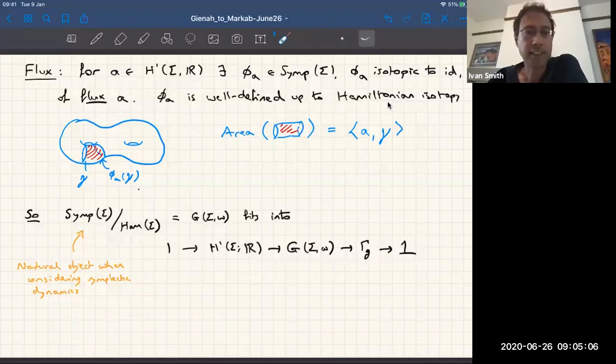And Symp of sigma modulo the Hamiltonian subgroup, so I'll call that G of sigma, omega, sort of comprises the discrete part, which is the mapping class group, and then also the things that come from symplectomorphisms of non-zero flux. So it fits into this sort of natural extension. And this is something we're used to thinking about both in the setting of dynamics and also because of its appearance in Floer theory.